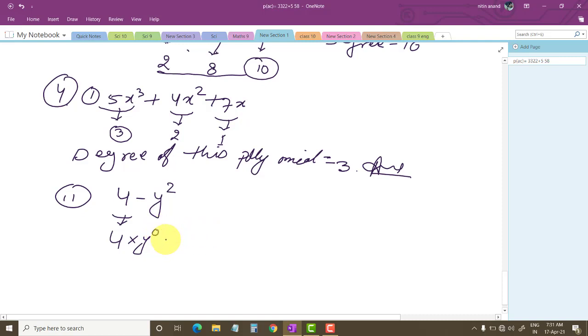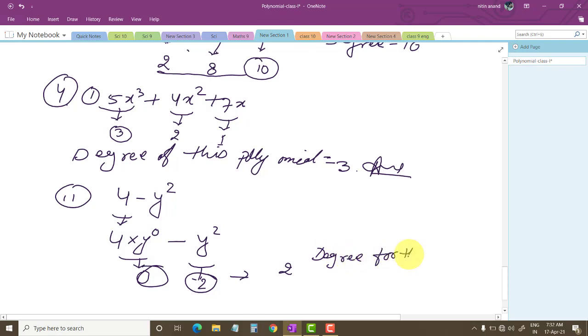Then minus y square. The degree of the first term is 0 and of the second term is 2. Between 0 and 2, 2 is larger. Therefore the degree of this polynomial is 2, dear student.